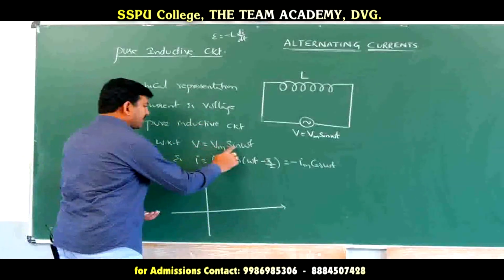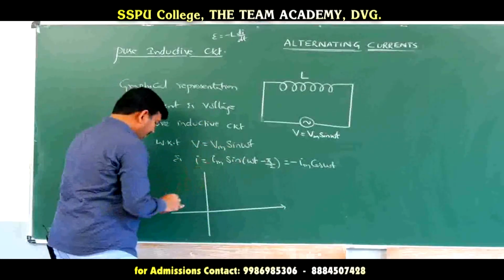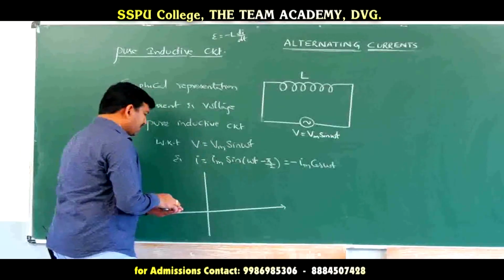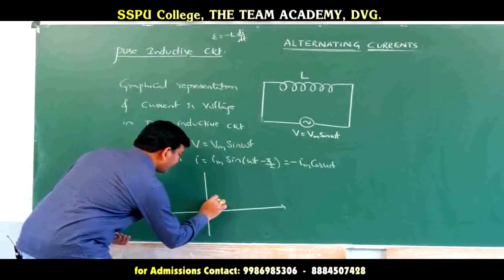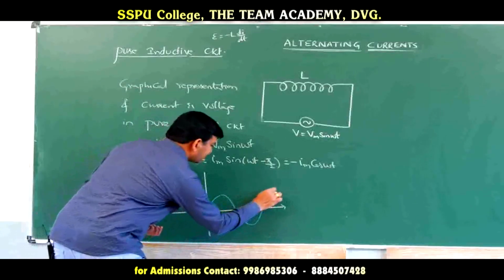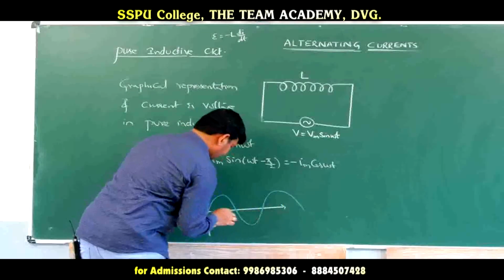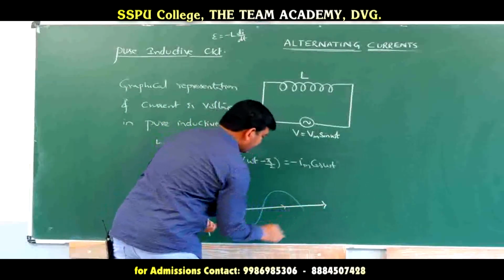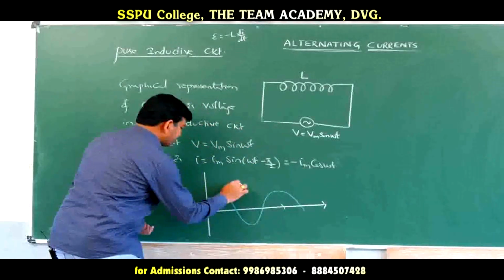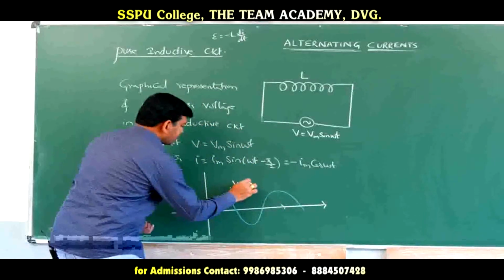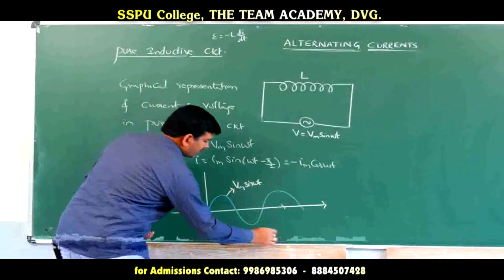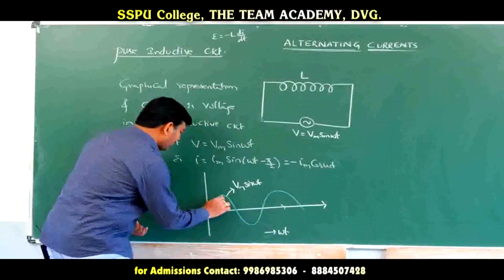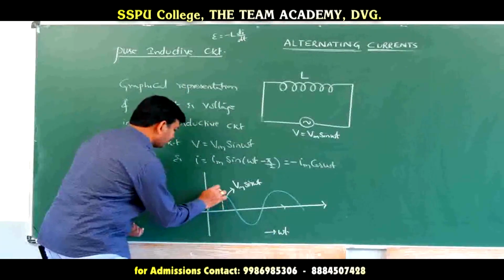V is equal to Vm sin omega t, therefore it is a sinusoidal graph, and it can be drawn like this. This is Vm sin omega t, this is the omega t axis, and this is the peak value of voltage, which is taken as Vm.